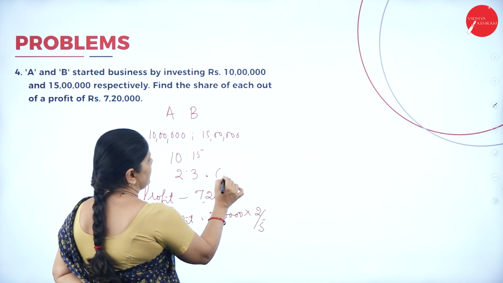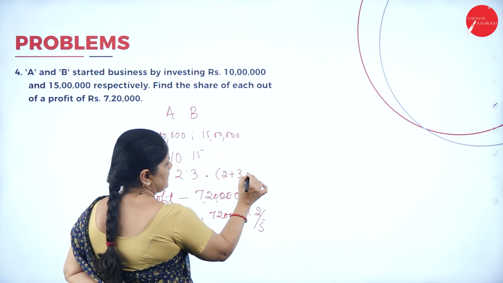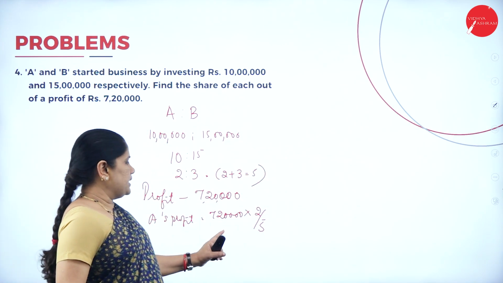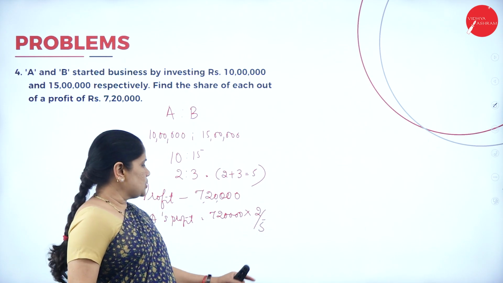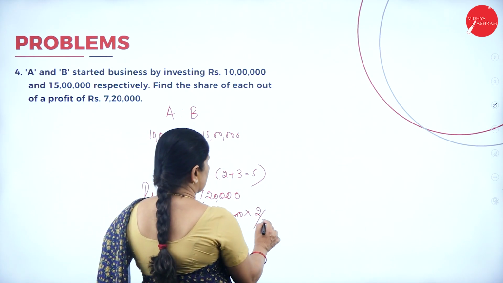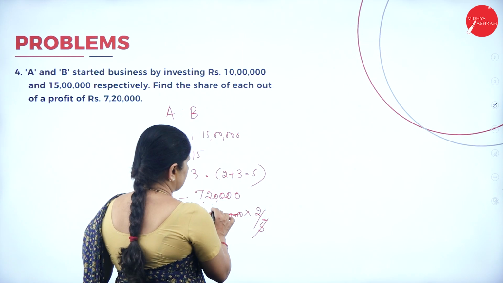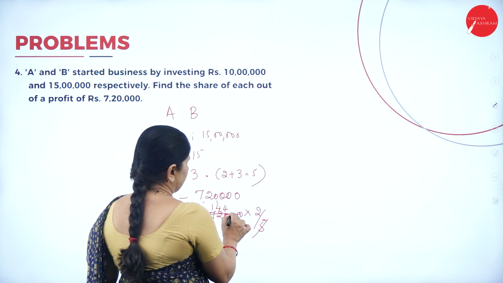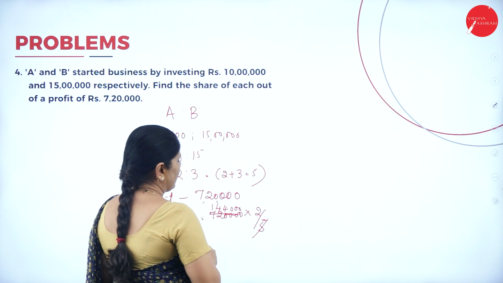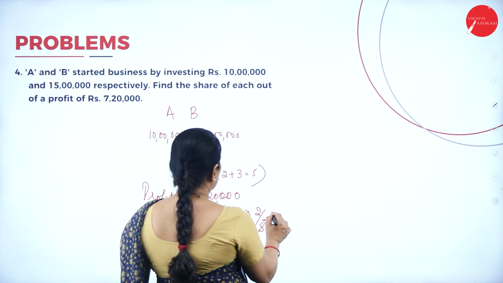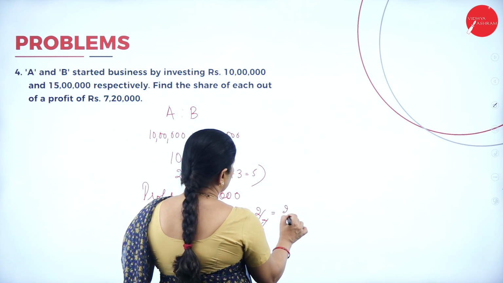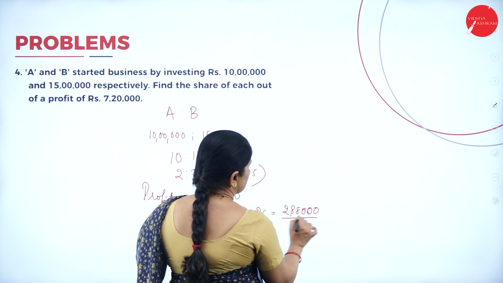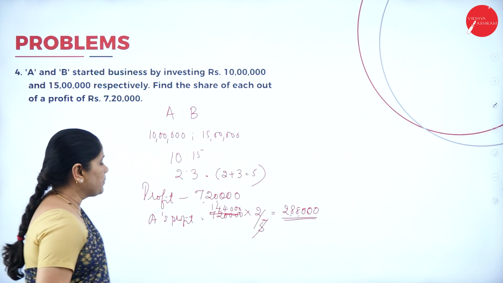The sum of the ratio is 2 plus 3, that is equal to 5. So this comes up to 1,44,000 into 2. So that comes up to 2,88,000. So this is the share of A's profit.